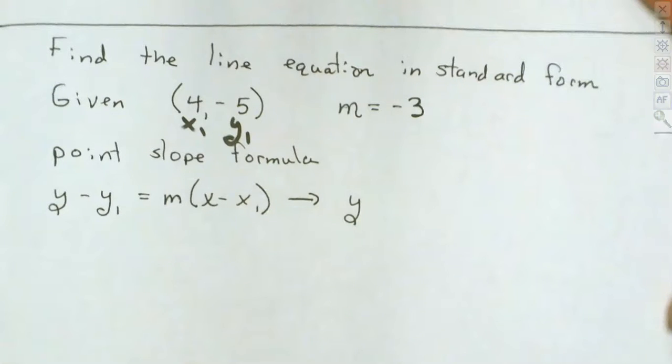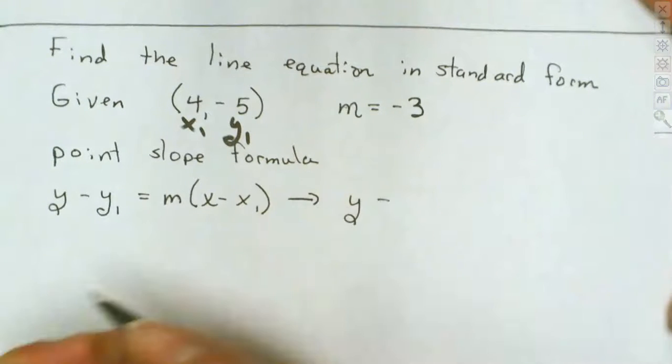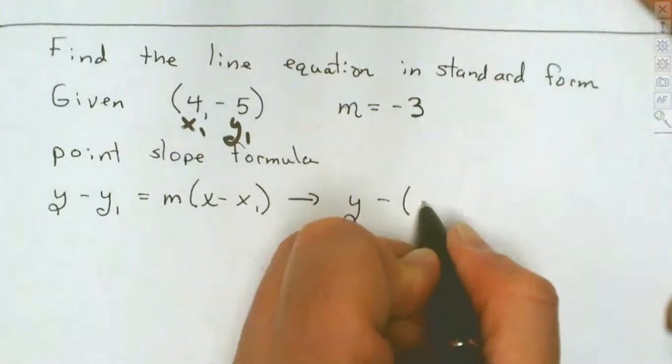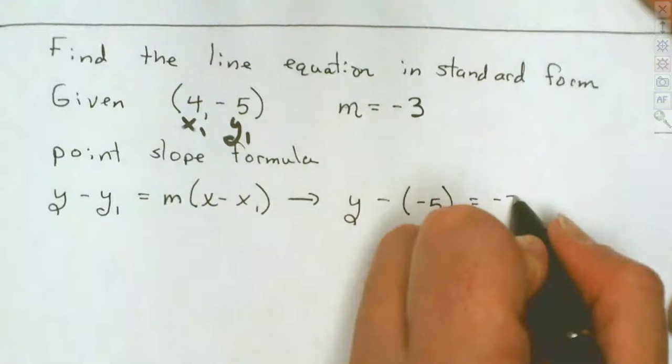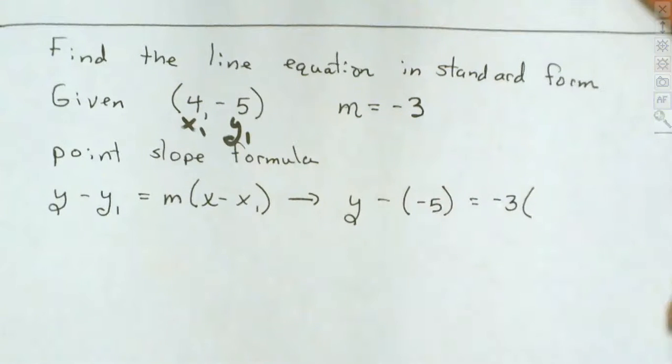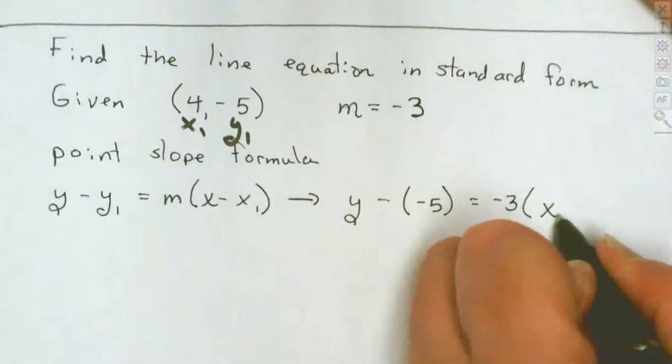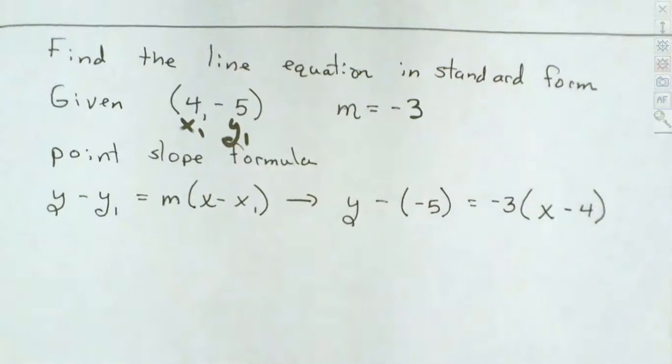And so that's y, watch out for double negatives, minus 5 here equals minus 3 times x minus 4. Give you a moment to digest where I got all the points at, where I plugged them in. So I took my point and I labeled that x1 and y1. So I plugged in that with my slope of that negative 3.